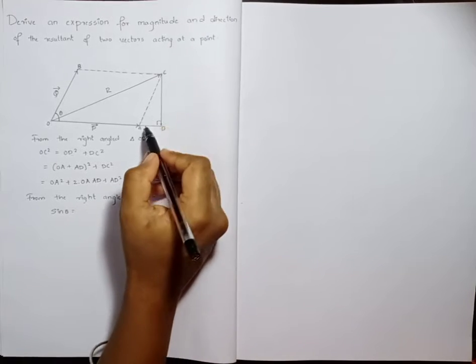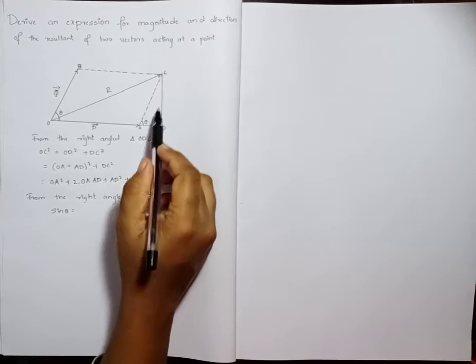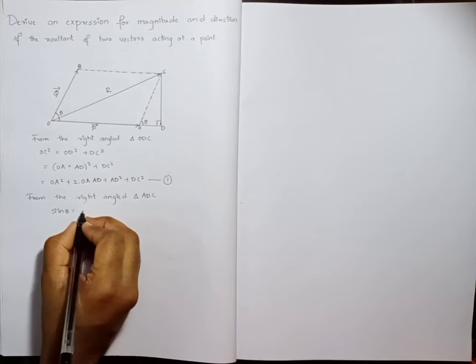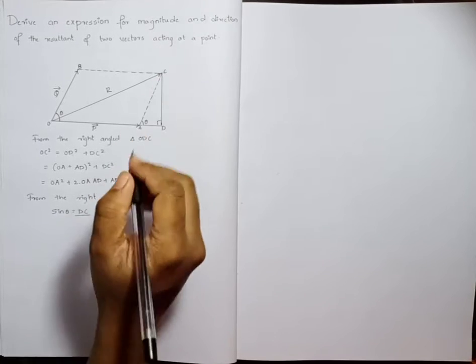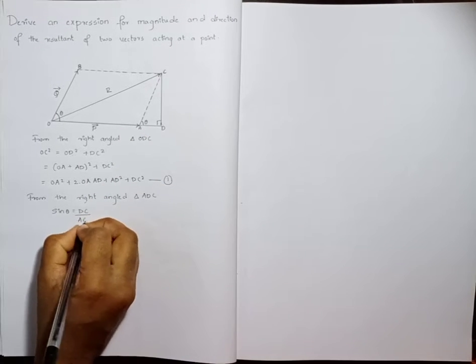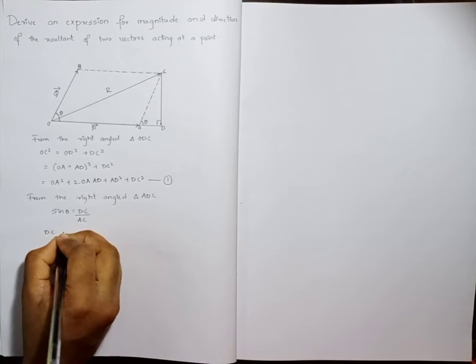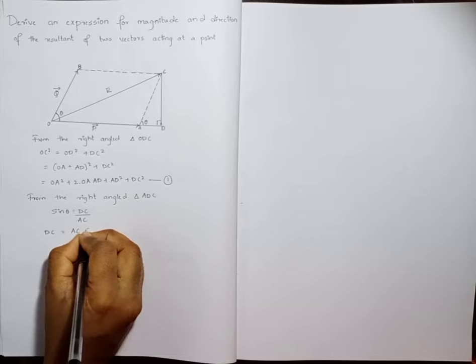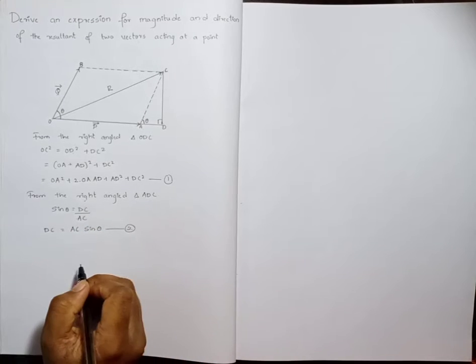This is the theta we have to consider, so this is the opposite. That is DC divided by AC. So DC is equal to AC sine theta. We'll consider this as equation 2.